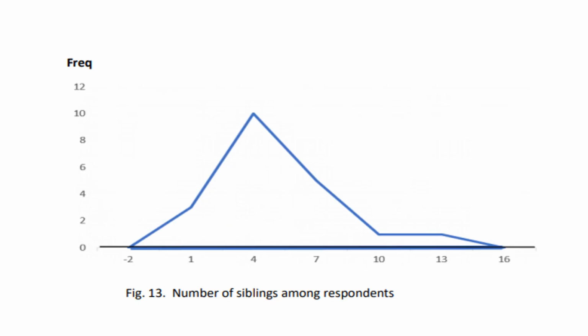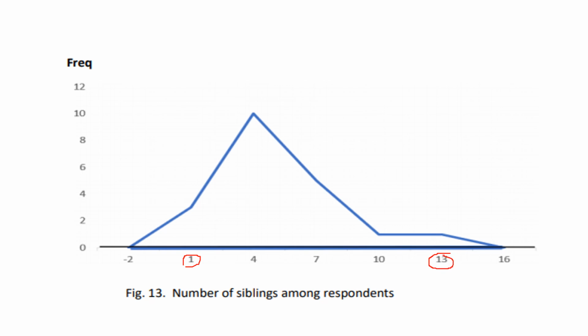So this is now our frequency polygon. So this is our negative 2. This is our positive 16 class mark. This is our original class mark 1 and original class mark 5. This is equal to 13.